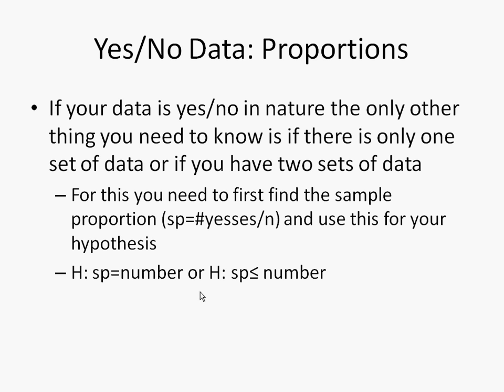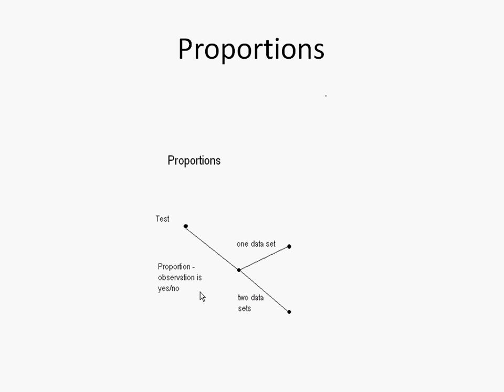In which case it's an equal to or two-sided test. Or are we going to say, gosh, the percentage of women is growing? In which case we're looking to find out, is the percentage of females increasing? So our null hypothesis will actually not be that it's increasing. Our null hypothesis will be that it's decreasing, because if we can reject that it's decreasing, then it must be increasing. So here's our little lower half of our decision tree on proportions.